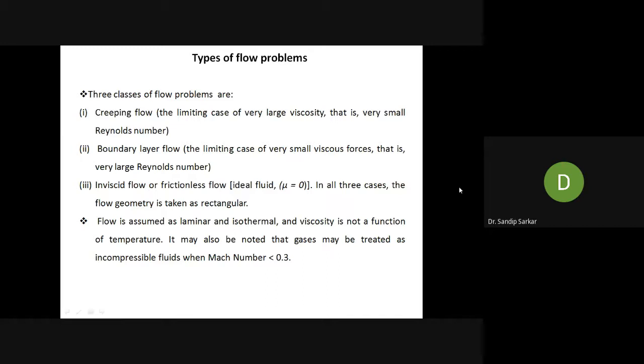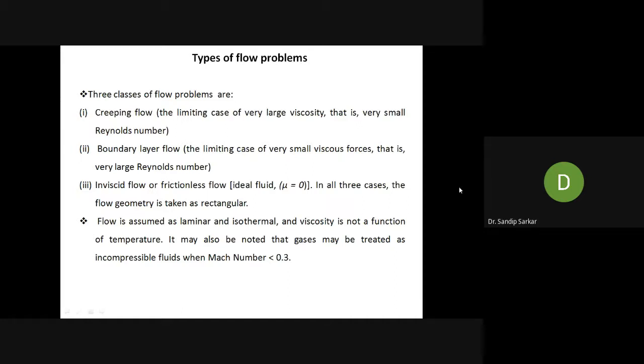One is creeping flow, which is flow when the Reynolds number is very, very low, for example, flow of glaciers. Fluid flow inside a microchannel is a creeping flow problem. There is no convection part present in the governing Navier-Stokes equation. This is basically a creeping flow problem, a very low Reynolds number problem.